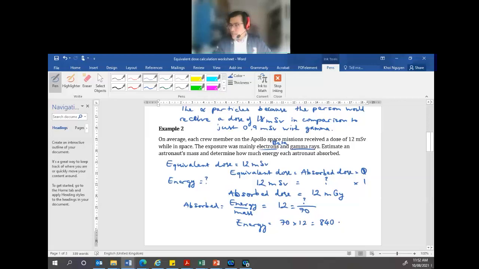Okay, and the unit we're going to use for this is going to be millijoules. So you can see here I'm using milli throughout. Okay, so millijoules, and that is basically 0.84 joules if you want to convert it.